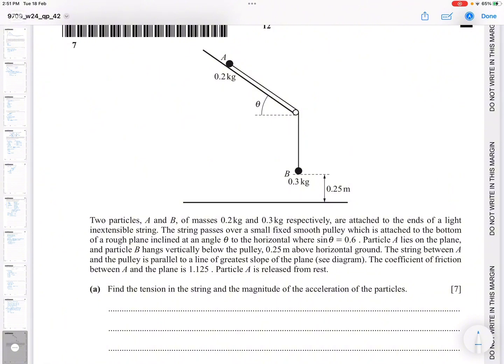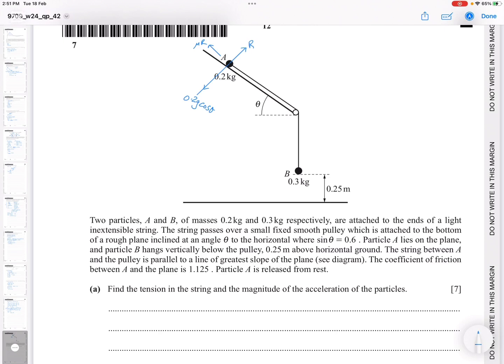So if I start making the forces on the diagram, in this direction I have mu R. Here is my R, which is normal, and this is my 0.2 g cos theta.